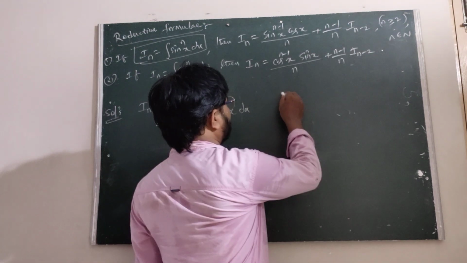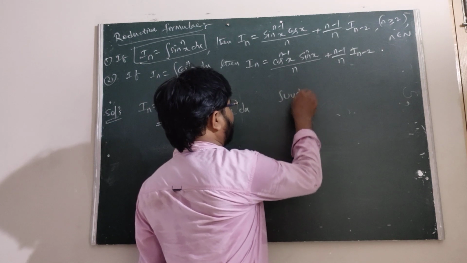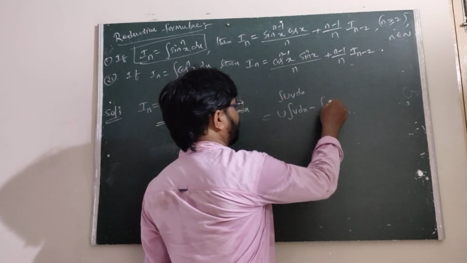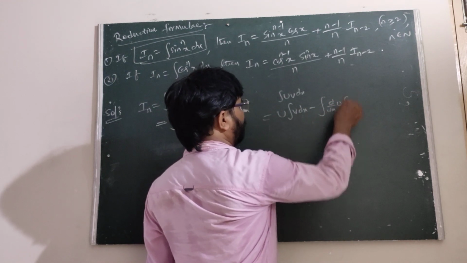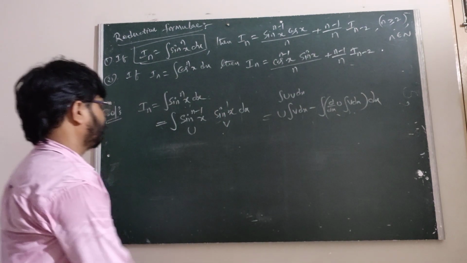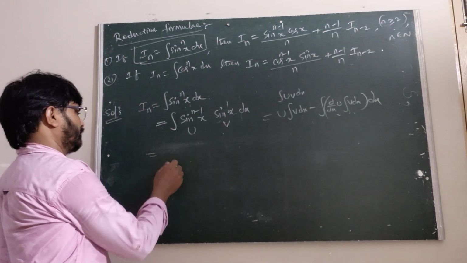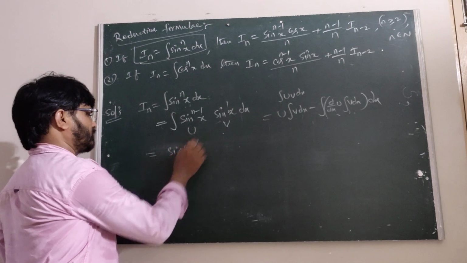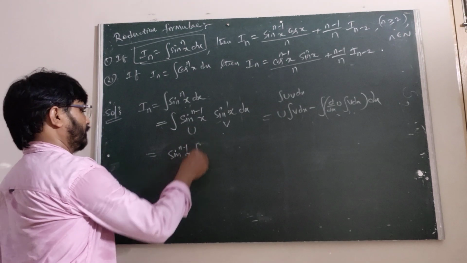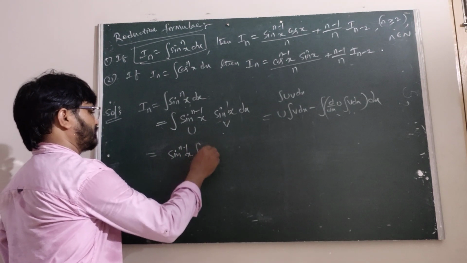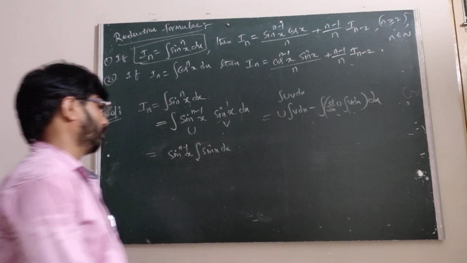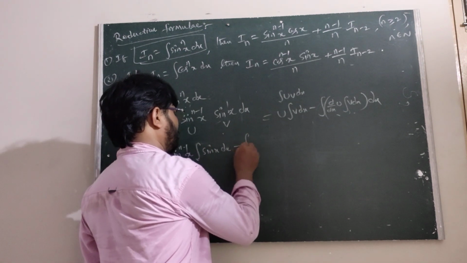We know that the integral of uv dx is u times the integral of v dx, minus the integral of the derivative of u times the integral of v dx, whole dx. Therefore, we can write similarly: sin^(n-1) x times the integral of sin x dx, first into integral of the second, minus derivative of the first.